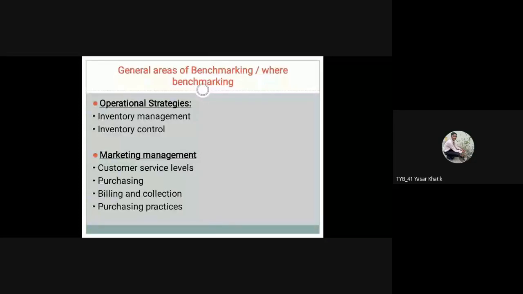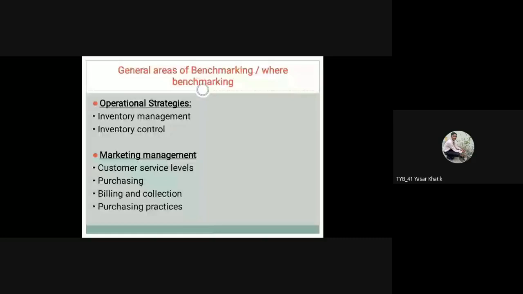Okay, same way in the purchasing department also, billing and collection department also, purchasing practices. So these are some areas where you can do the benchmarking in an effective manner and try to improvise your services, your billing data, your collection of the data. That type of benchmarking you can do in the best manner.